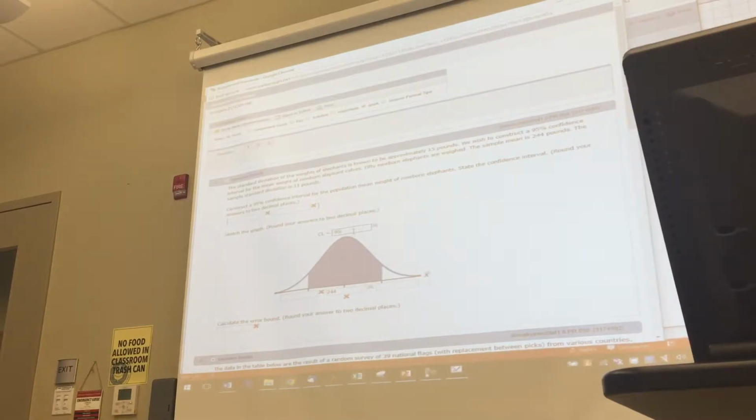I can either look up the Z for 0.975, or I can look up the Z for 0.025, because this is my alpha divided by 2.